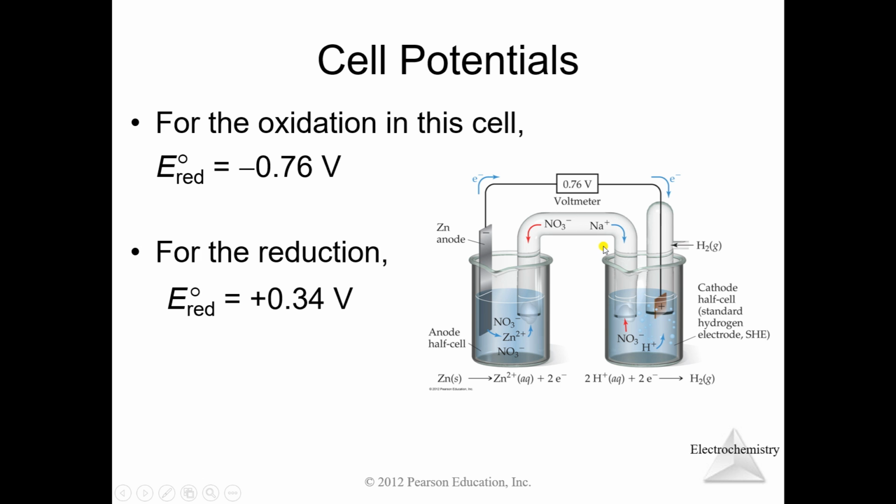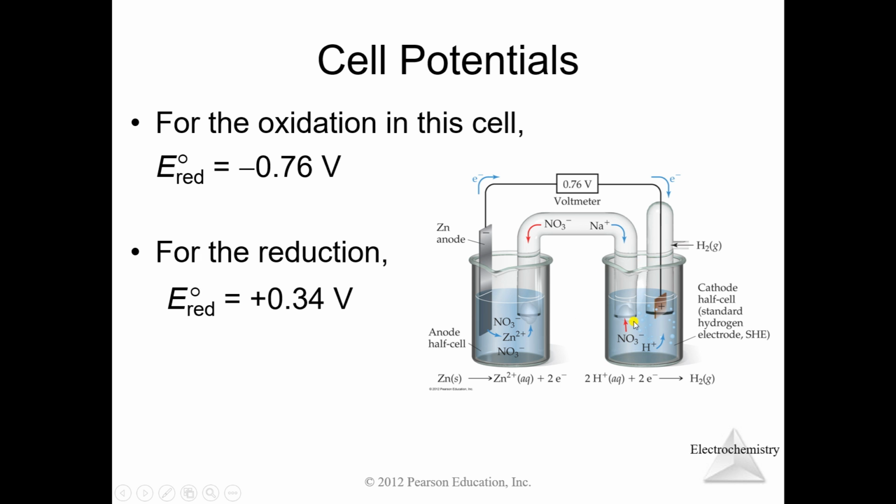Then what we see is that zinc is being put into solution as a cation as the electrons leave the solid zinc to flow through. When they flow through, these hydrogen ions are going to come up into the hydrogen gas and reform as H2 gas, taking on the electrons that have flowed from the zinc to the hydrogen ions.